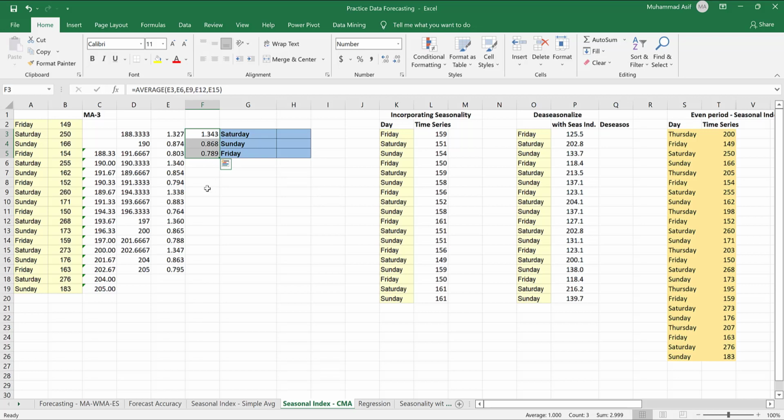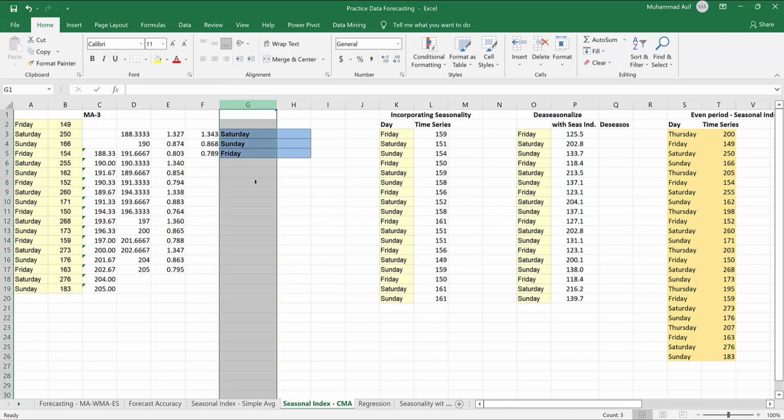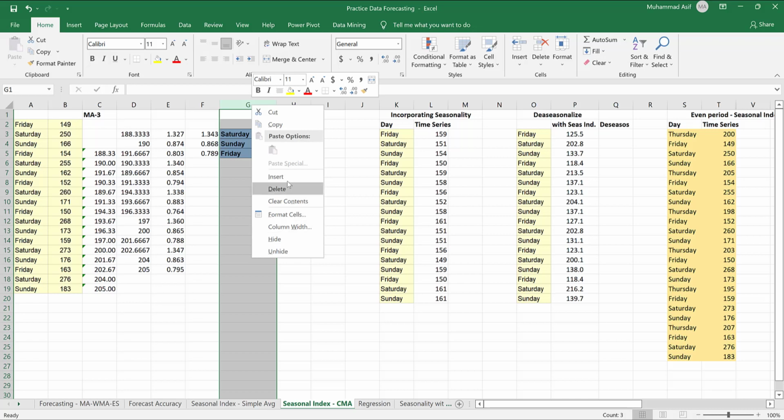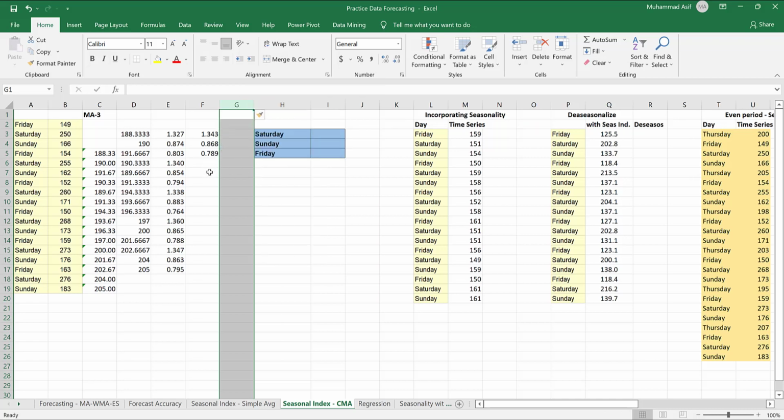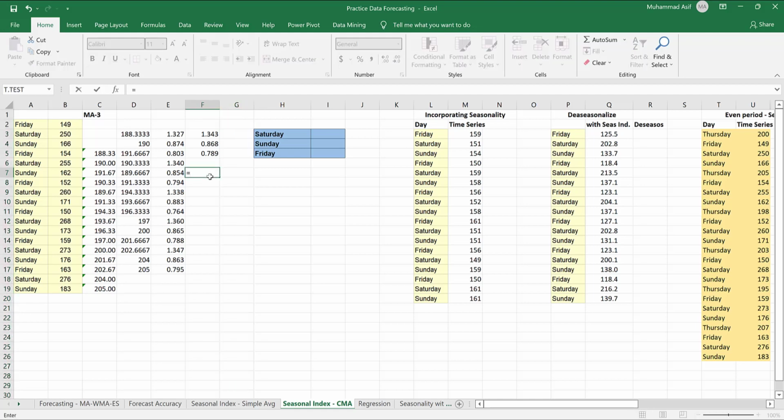Now, one last thing that we usually do is normalization. What we do is that we understand that the sum of these values should be equal to 3. If one value is above 1, the other is less than that, so overall it should be equal to 3. So let's see if they are equal to 3; if so, it's okay, otherwise we will do normalization. So it's almost equal to 3.